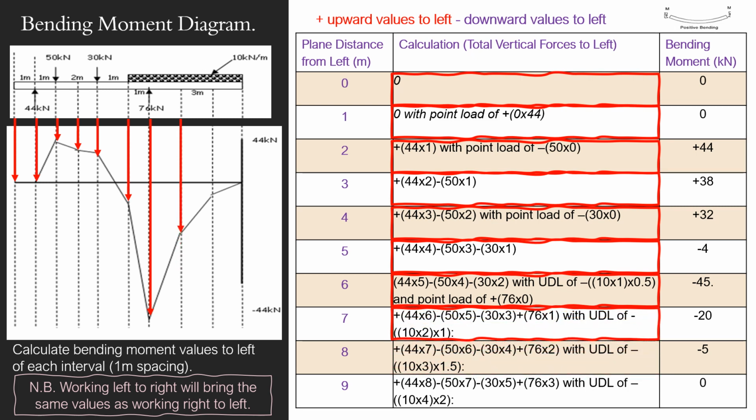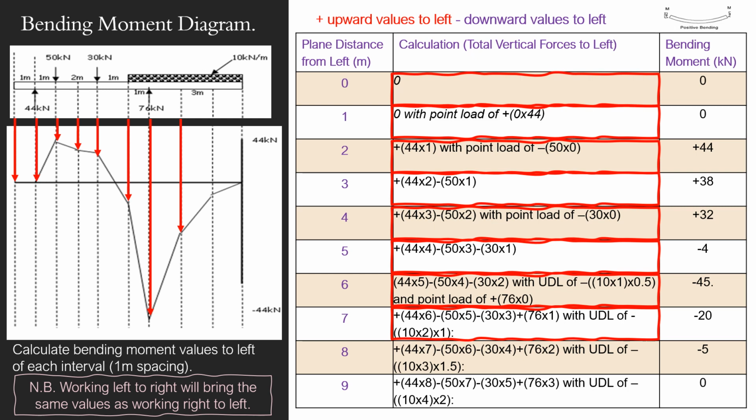If you move on then and you look at this, the uniformly distributed load, it's not the same value, sorry, it's 10 kilonewtons per metre. So if you've moved in 2 metres, that is then 20 kilonewtons, isn't it? So that's what the 20 is, so 10 times 2.